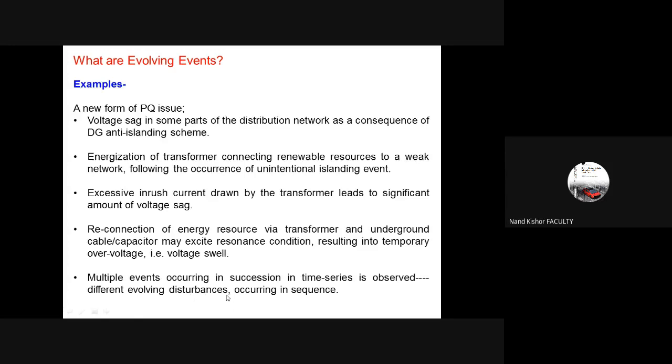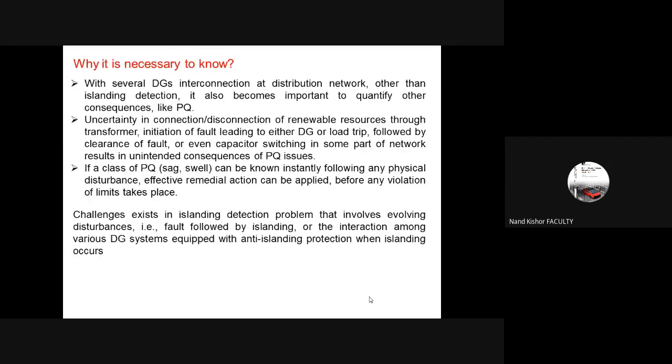Different evolving disturbances occur in the same sequence of the time series. So we want to detect those kinds of challenging events in the system. Why is it important?